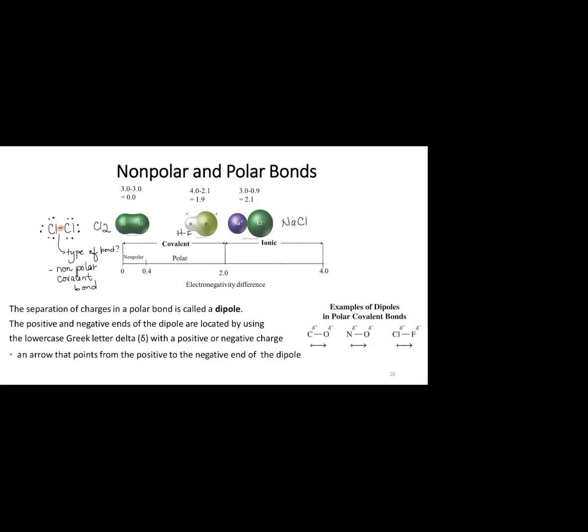So again, nonpolar covalent means that the values are going to be from 0 to 0.4. Okay, let's now look at HF. In the molecule of HF, I'm just going to draw the Lewis structure for hydrogen fluoride in the corner. It looks in the following manner.